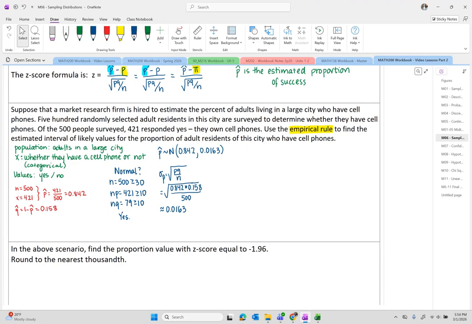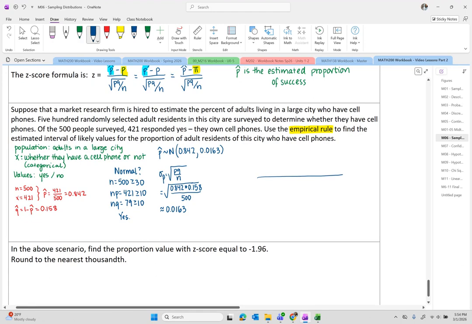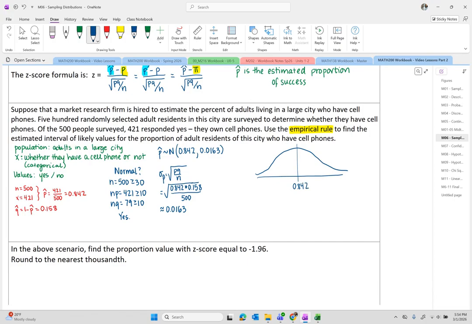So we want to sketch the normal distribution. If you remember, the normal distribution has the mean in the middle, 0.842, and tick marks to the right and to the left, each one equal to a standard deviation. And this is the proportion of adults living in the large city who have a cell phone.